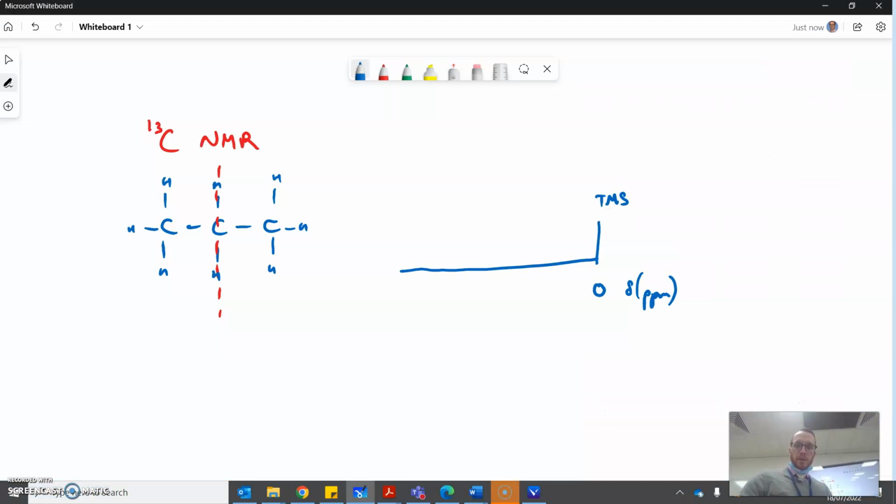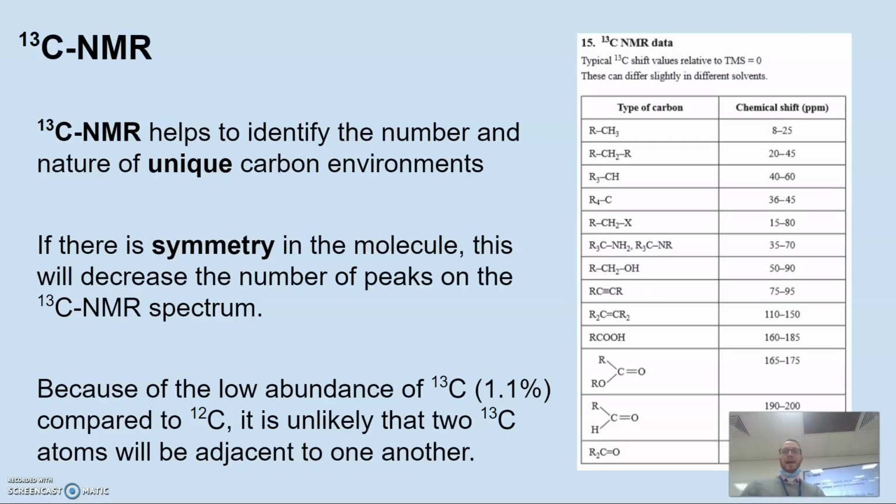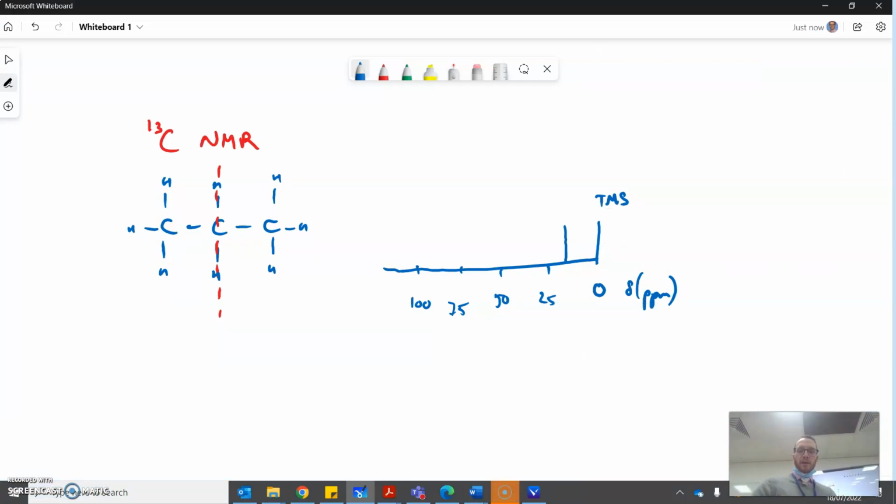So here's, say, 25, 50, 75, 100, etc. So I'm expecting a peak to occur here-ish, or somewhere between there. An RCH2R, so this second environment, has a chemical shift between 20 and 45. So we're expecting a second peak there, right? So this peak here corresponds to CH2, and this corresponds to our CH3. Does that make sense how that looks?